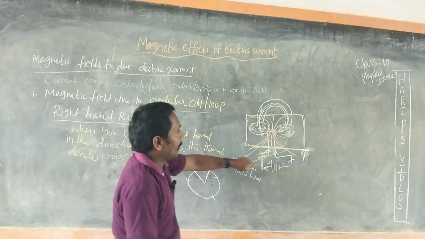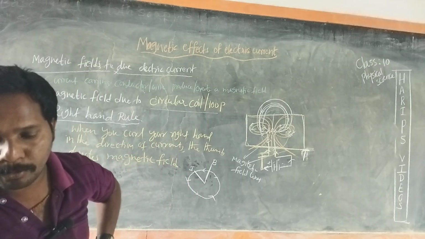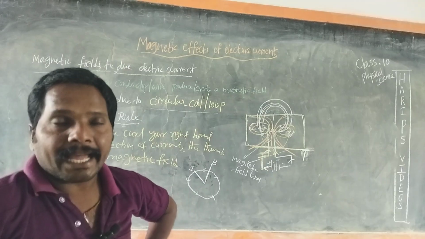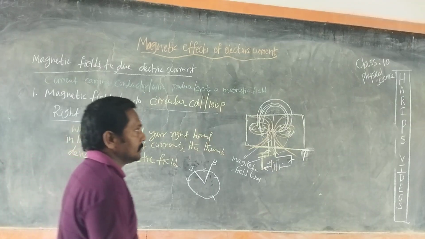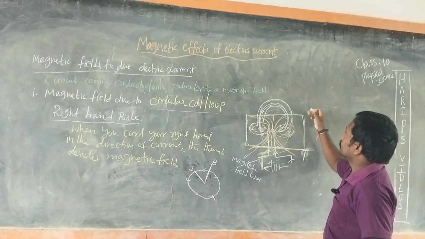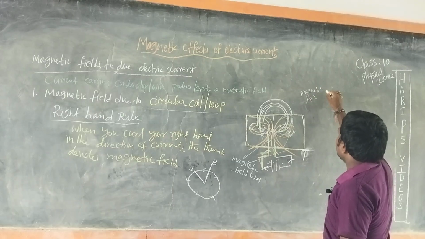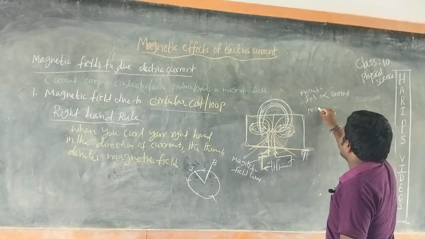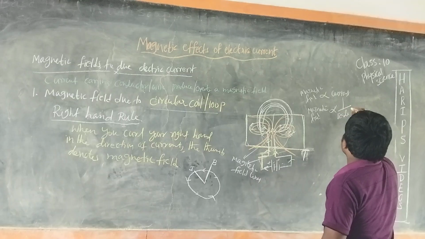So the magnetic field is directly proportional to current and inversely proportional to radius.